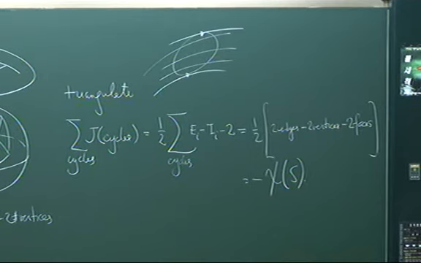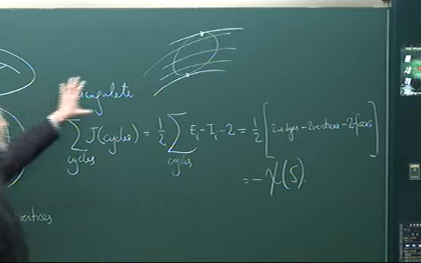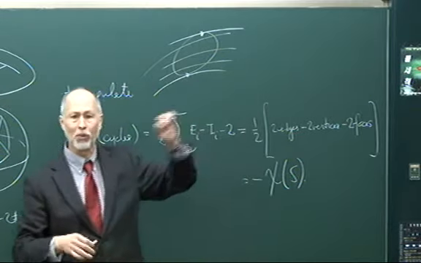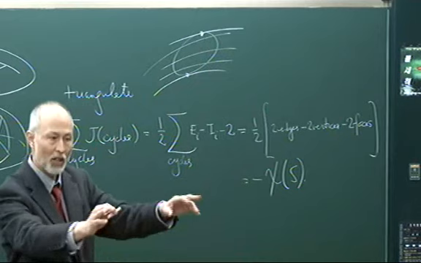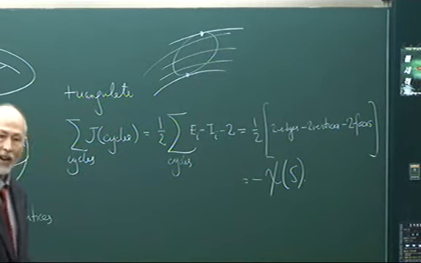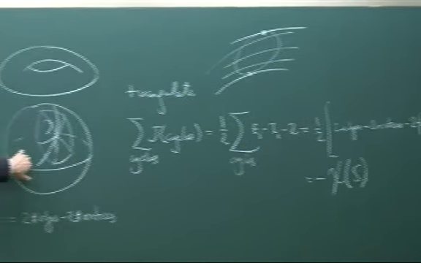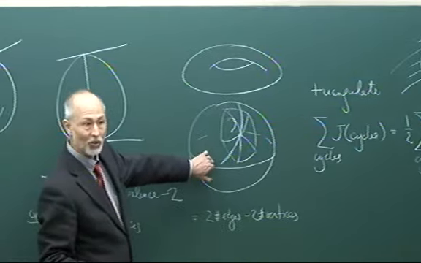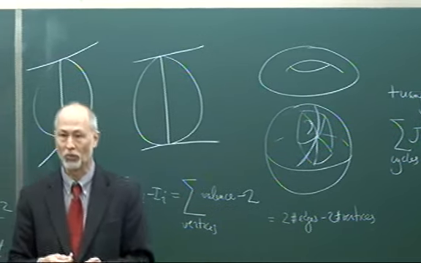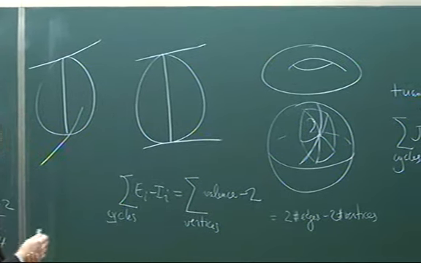So if all of the flow looked like this everywhere, if the wind were blowing in a non-zero way everywhere on the sphere, then the Euler characteristic of the sphere would be 0, which it isn't. So somewhere the wind is not blowing.